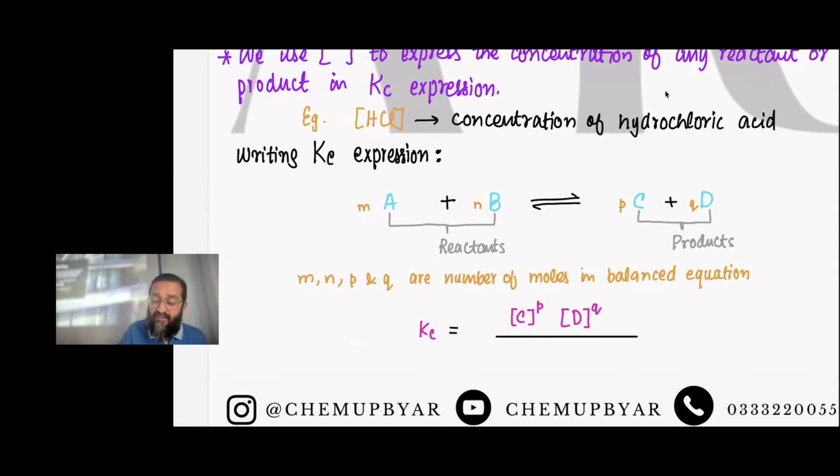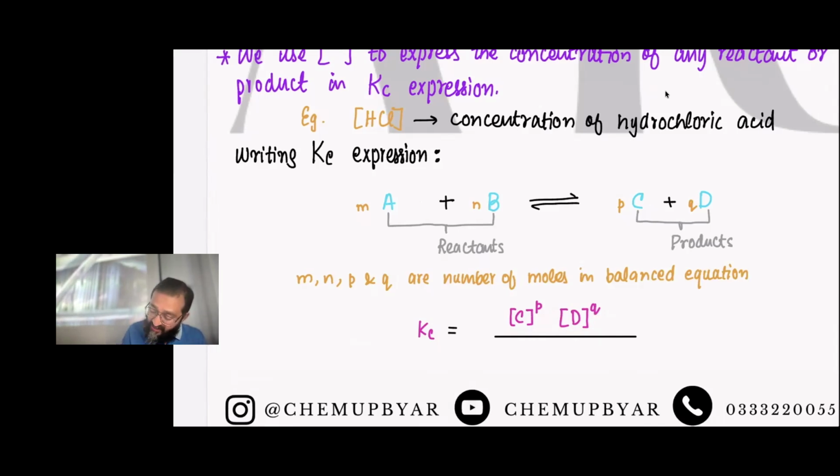So it is easy to remember that you put the concentrations raised to the power of the number of moles in the balanced equation for the products in the numerator, and these are multiplied with each other. So on the numerator it is the product of the concentrations of products, over the concentrations of reactants. So concentration of A raised to the power M times concentration of B raised to the power N. That is how we write the Kc expression. Is this understandable?